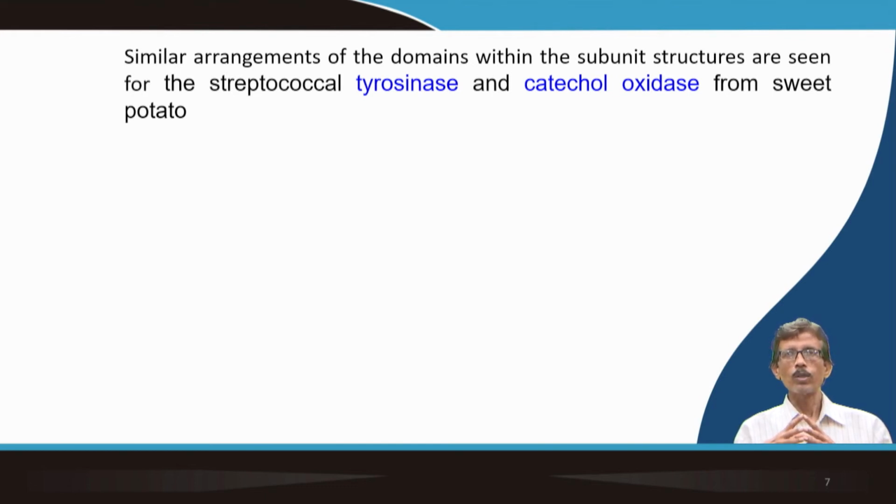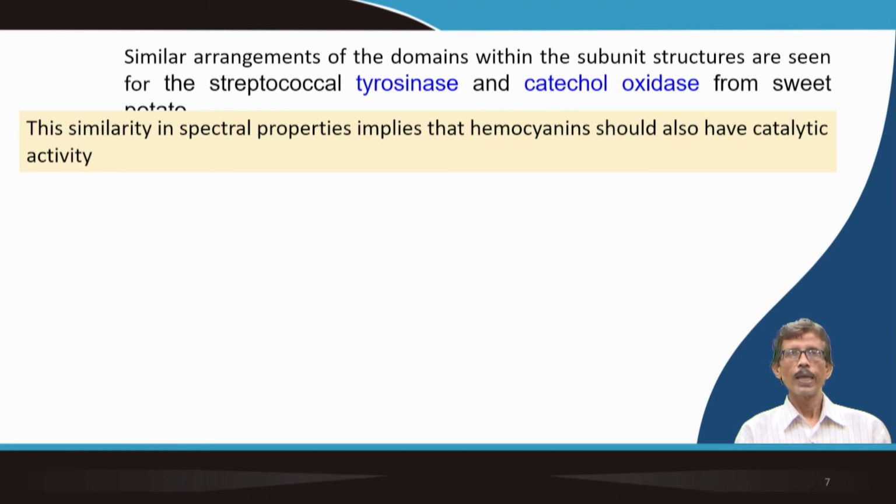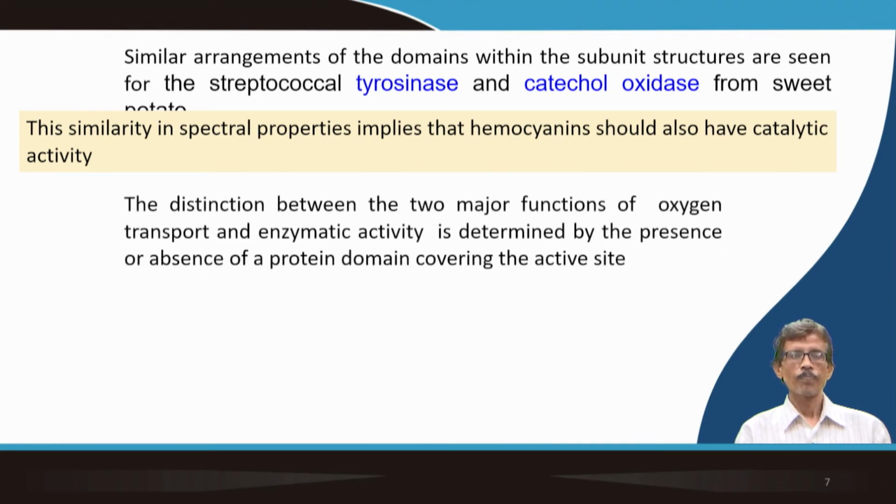So, the arrangements you can have now in your hand, the domains and the subunit structure we should know about. For the tyrosinase molecule the origin is streptococcal; streptococcus is important, where you can study all these, and you can isolate the tyrosinase molecule from there, and the catechol oxidase from sweet potato. These are the two sources of these molecules, and the similarity in spectral properties implies that hemocyanin should also have a catalytic activity of this type, but it is not showing it.